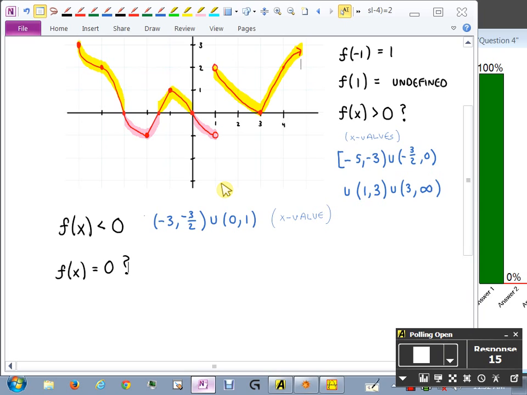A set of squiggly braces. You use braces instead of parentheses and brackets. If you write a set of braces, then you're saying that what I'm about to give you are points. The points are -3, -3 halves, 0, and 3.